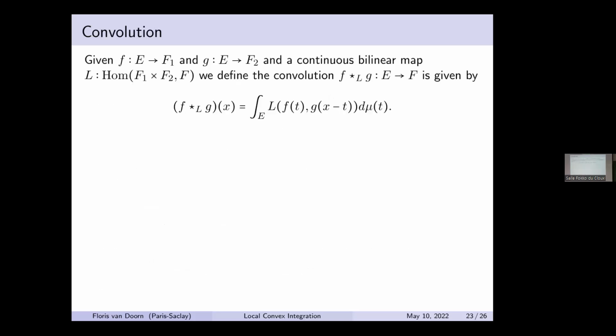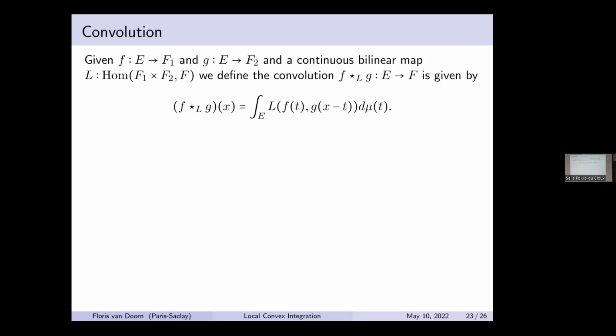The new definition of convolution is that f and g are both vector valued in some Banach space, or actually, for some results you need normed vector spaces F1 and F2, and we have some continuous bilinear map L that takes F1 and F2 to F. Then we can define the convolution of f and g with respect to L, given by this formula.